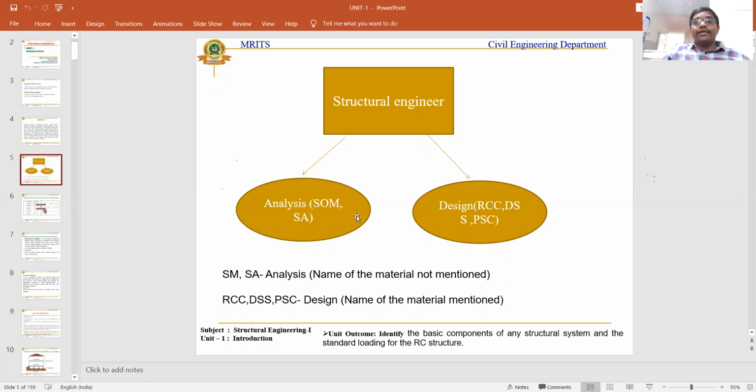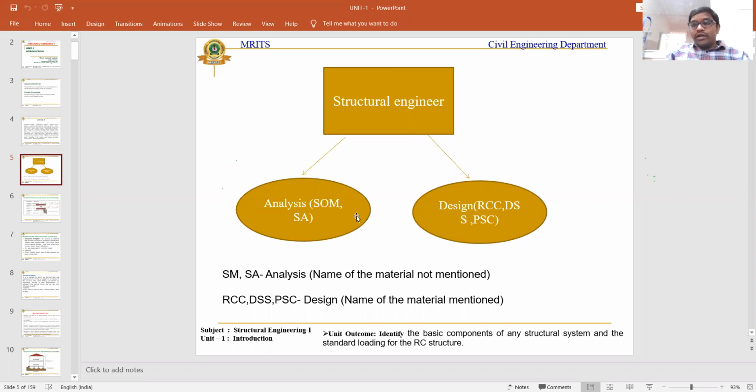Based upon the behavior of loading, the shear forces and bending moments are obtained. For knowing this concept, you must go through the strength of materials subject. And for analysis, you need to assume a method for analyzing a structure. Which method is best suited for analyzing a structure?